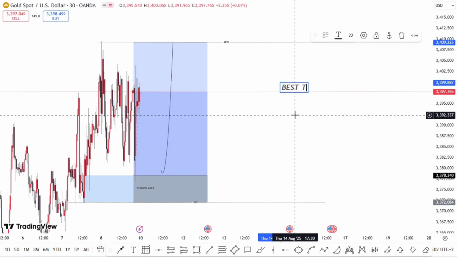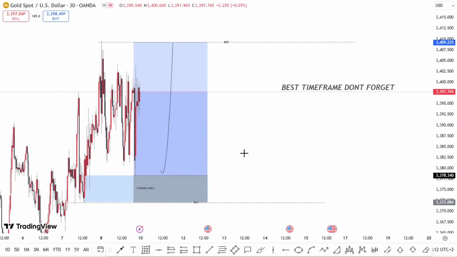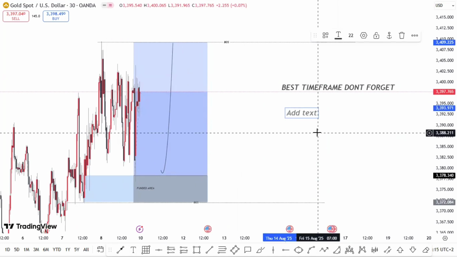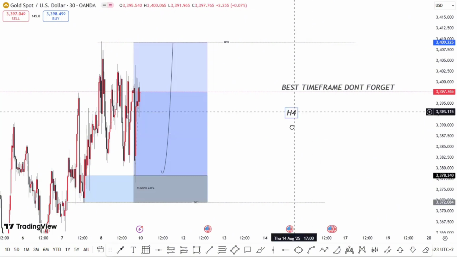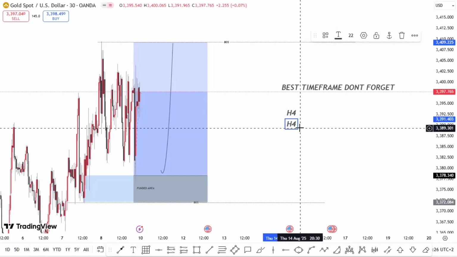So best time frames, don't forget here. Okay, H4, H2.